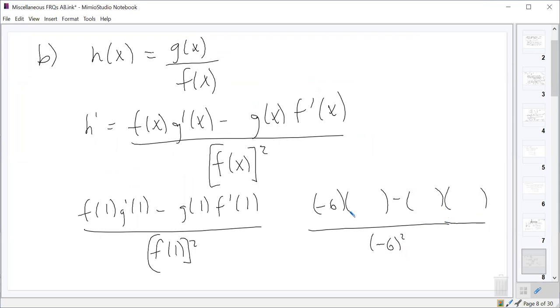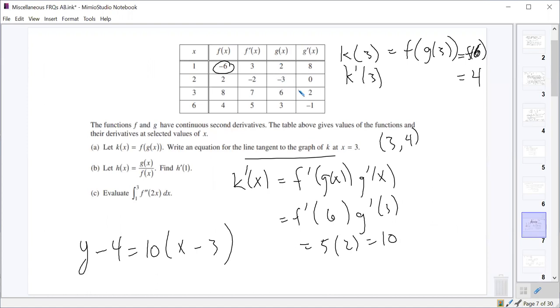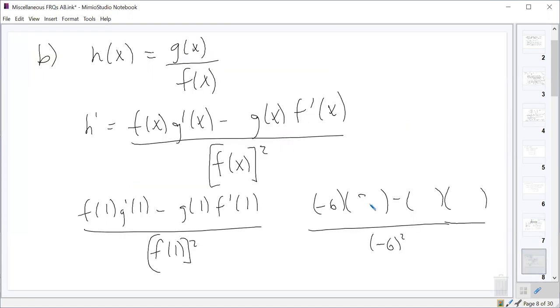And what do we have there? G prime of 1 is 8. G of 1 was 2. And f prime of 1 was 3. Everybody agree with us? I'm just trusting Tom, which is dangerous.